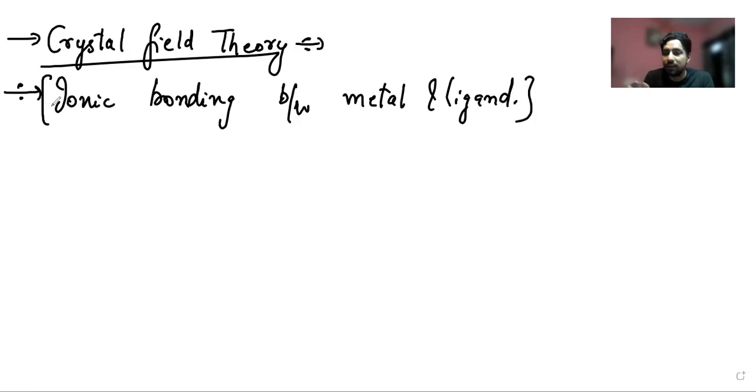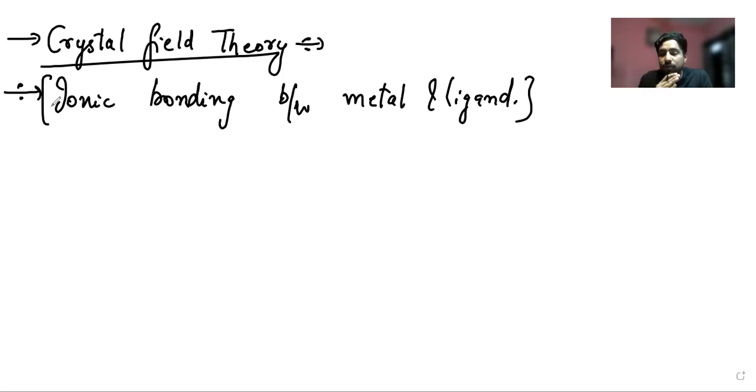You know very well that an ionic bond is formed by electrostatic interactions, whenever one species is losing electrons and another is gaining electrons, and the positive and negative charges they possess due to loss and gain of electrons, the bond formed between those charges is called an ionic bond.